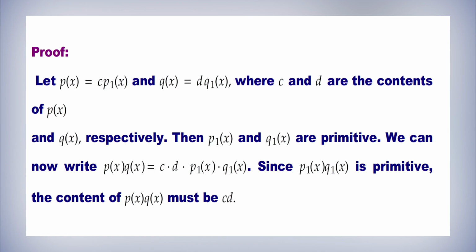Then p1(x) and q1(x) are primitive. We can write p(x)q(x) = c d p1(x) q1(x). Since p1(x)q1(x) is primitive, the content of p(x)q(x) must be cd.